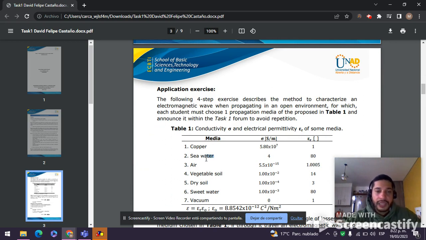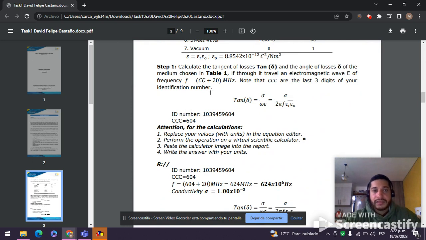For this exercise, I will use seawater. In this first step, I will try to calculate the tangent of loss angle with this formula.